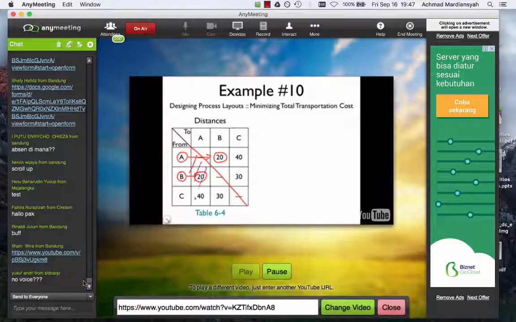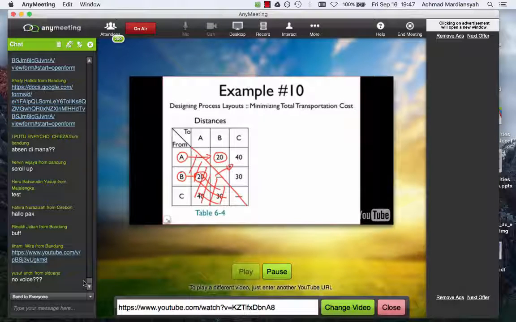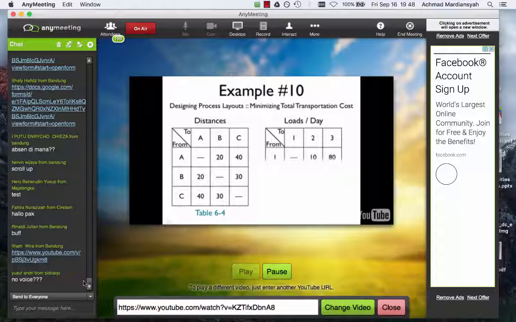So we could draw a line down the diagonal here, and actually you could ignore these values underneath because the values down here are the same as the values above the diagonal. So often you'll see only half the matrix filled in because it's symmetrical. We also assume that movement within the department is a distance of 0. So that's table 6.4 in the textbook. So we have our distances between the physical spaces of our plants.